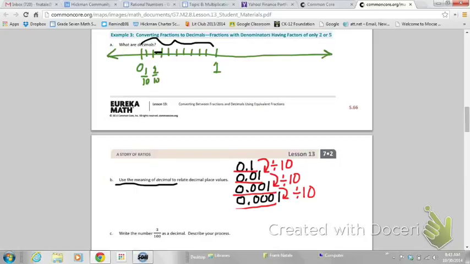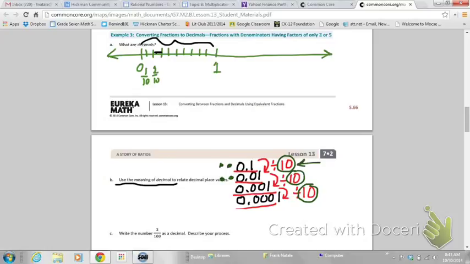Therefore 100th is 10 times less than 1/10, and 1/10 is 10 times greater than 100th. So always as powers of 10. It's just always remembering the meaning of decimals is using this power of 10.